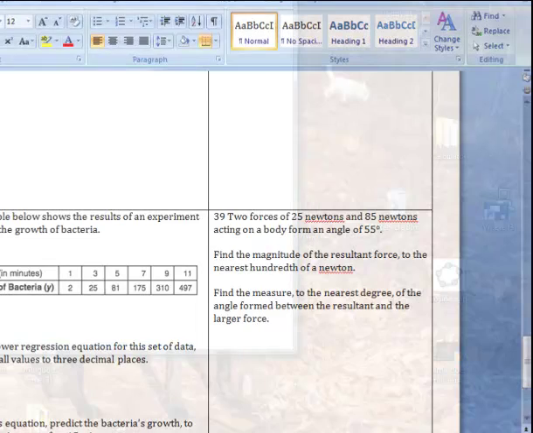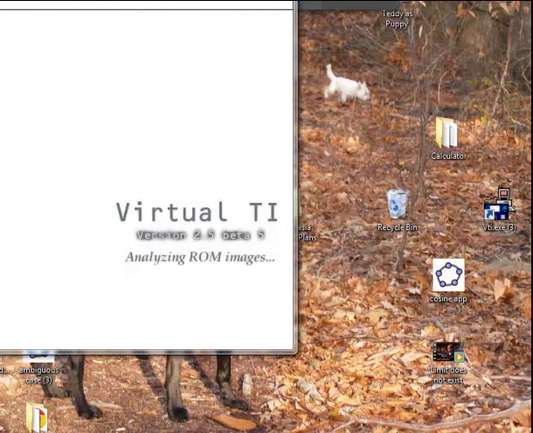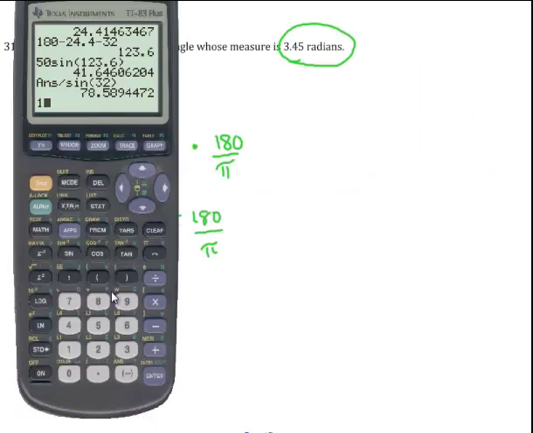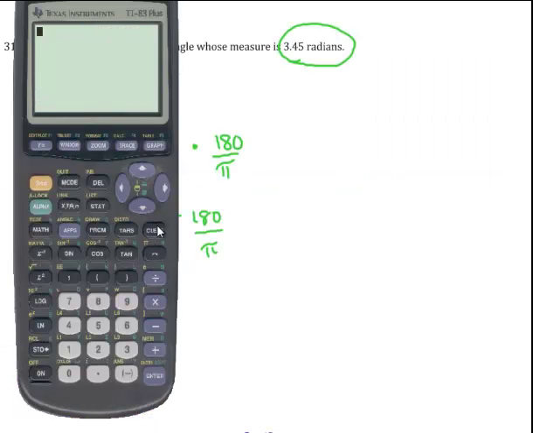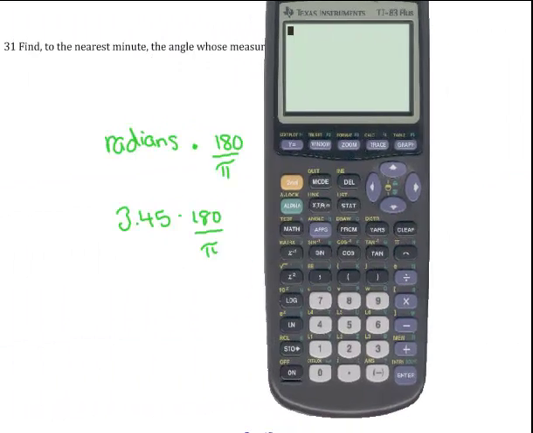There's my calculator. 3.45 times 180 divided by, and I'll use my pi key, gets me 197.67.